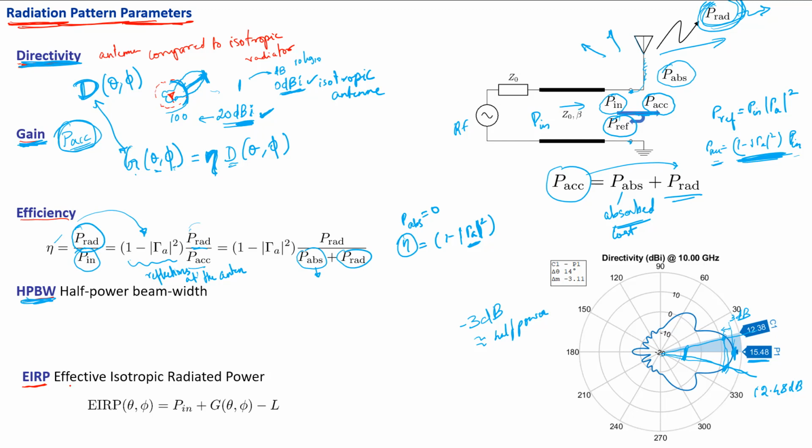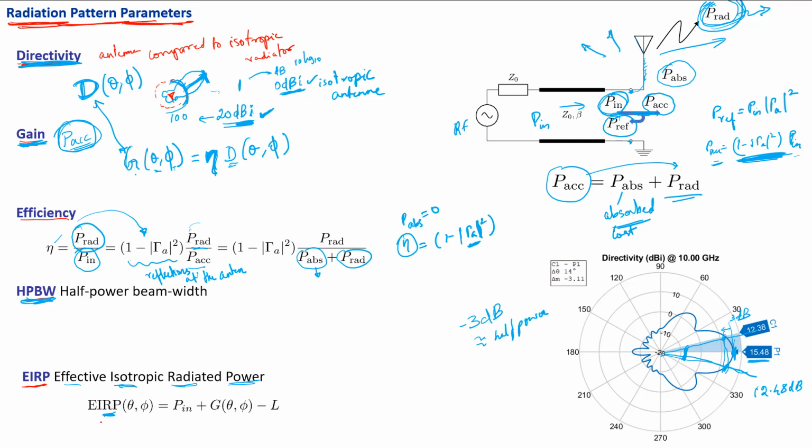The next one we are looking at is effective isotropic radiated power. If you were to feed the antenna with a certain input power, how much is it effectively radiating?